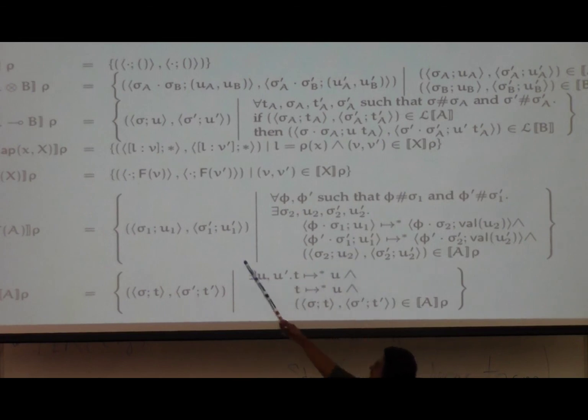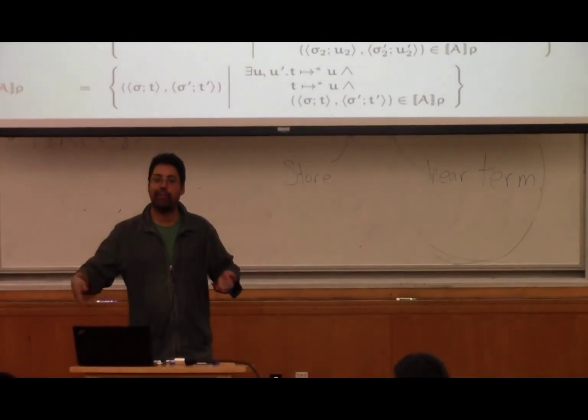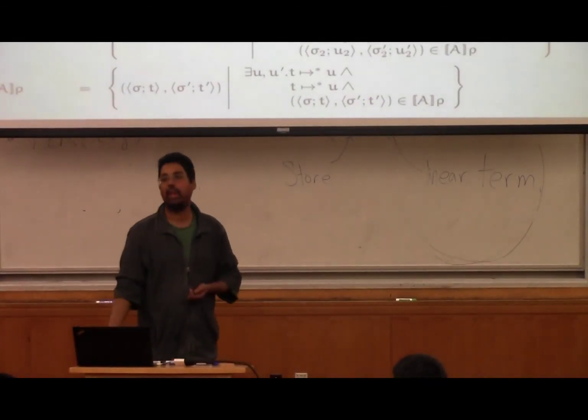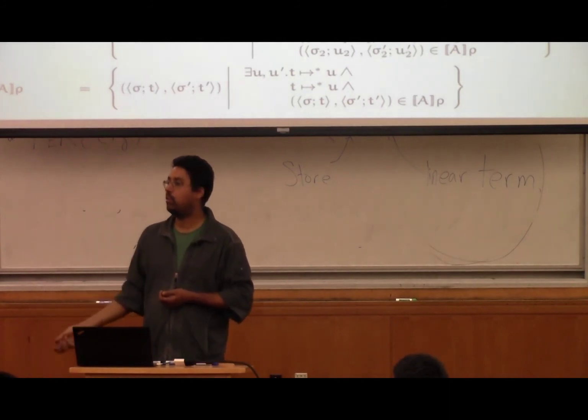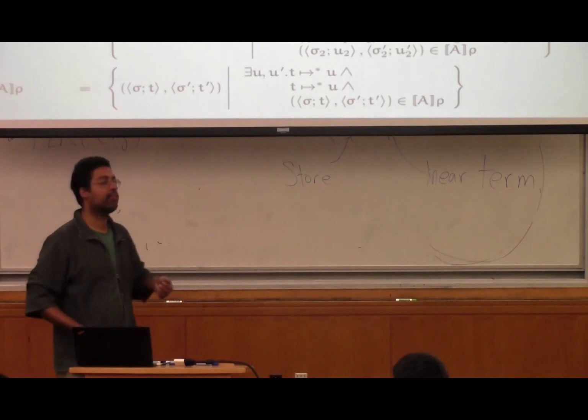And likewise, the thing that it's equal to will change from sigma_1 prime to sigma_2 prime. And then the resulting values, u_2 and u_2 prime, will be in A. So it's saying, okay, this computation is at the type A if it can perform some changes to the heap that will leave you in an A state. So it lets you change things.